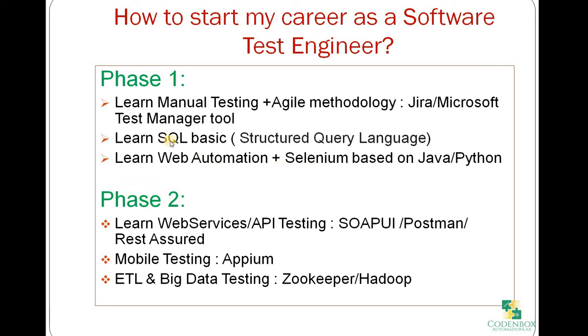After you get into the job field, down the road you have to upgrade your skills, to survive as well as to be in a senior or lead position. At that time you have to show some extra knowledge, because the technology industry moves very quickly, very fast.